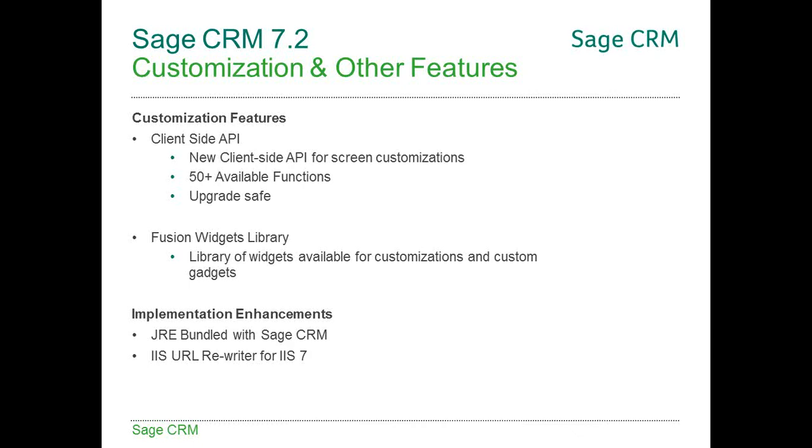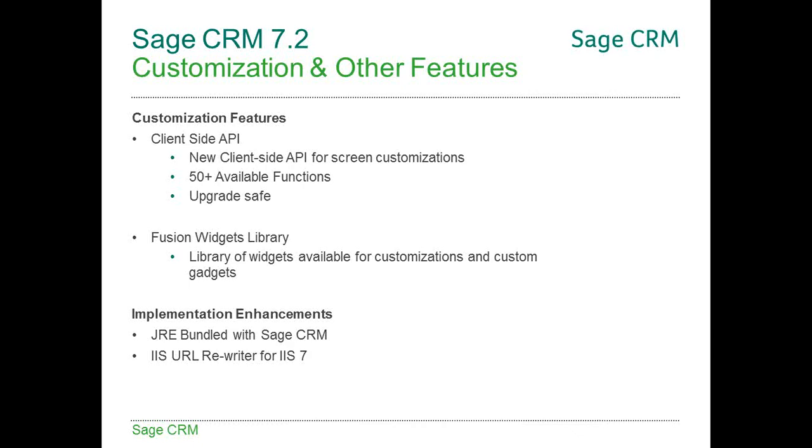So this can all be done now through the client-side API, through 50 and more available functions that are designed to be upgrade safe. It's an important new option, particularly if you're a partner developing on behalf of customers, and you're developing extensions or customizations that will work in the new and future releases of Sage CRM. It's giving you, through the API, a safe and supported option for customizing this new frameless interface.